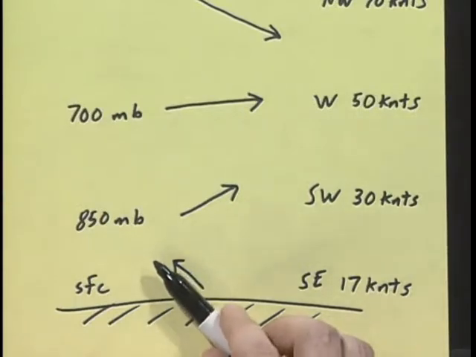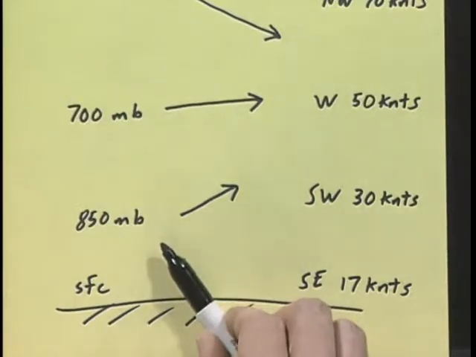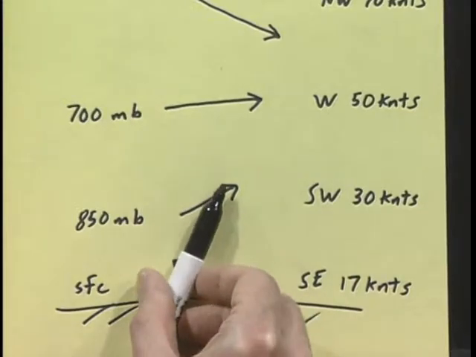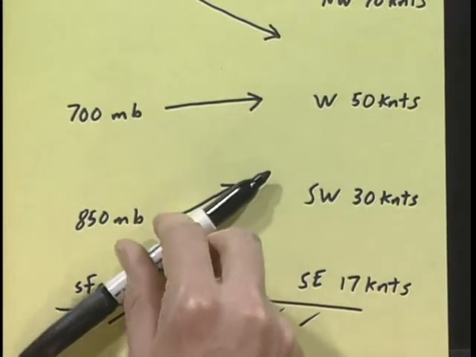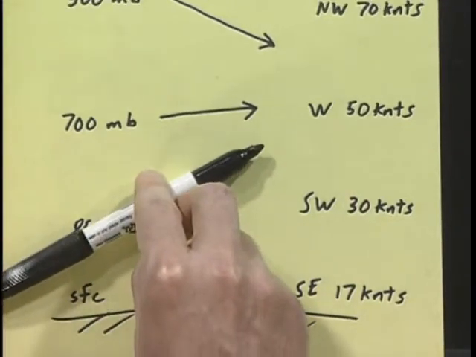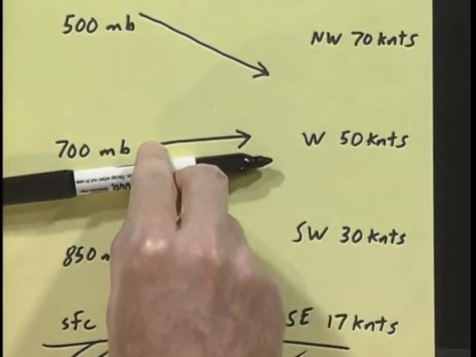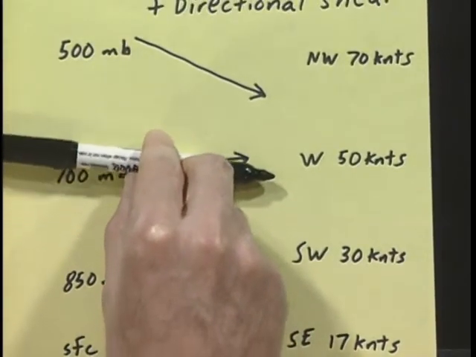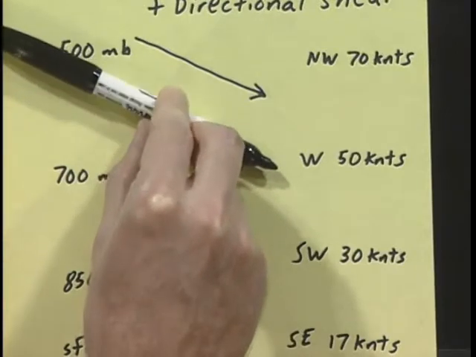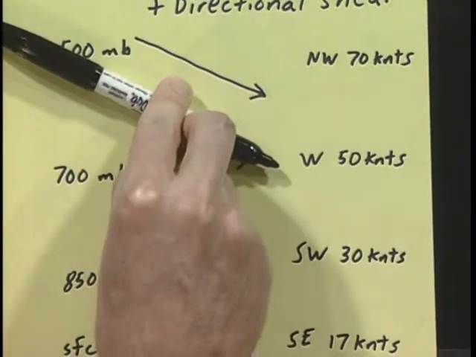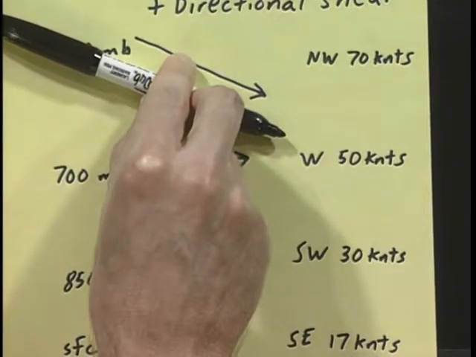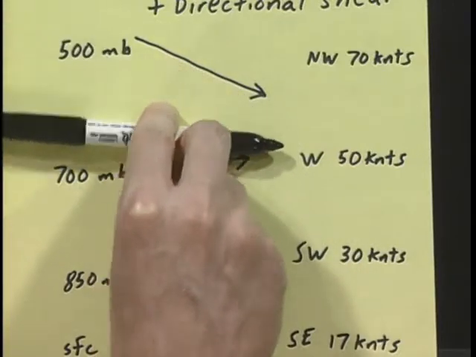So at the surface here we have a southeast wind. It's turning clockwise to turn into a southwest wind at 850, and then it's turning more clockwise at 700 millibars to produce a west wind, and continues that clockwise rotation until finally in the mid-upper levels, we have a northwesterly wind.